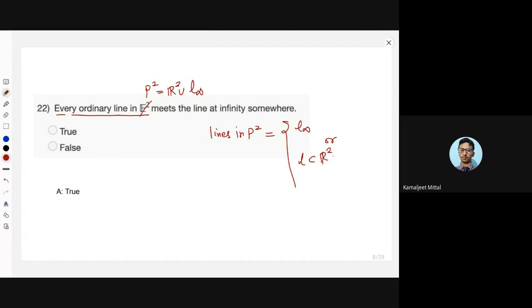Now, can anyone tell me why this statement is true? Anyone?